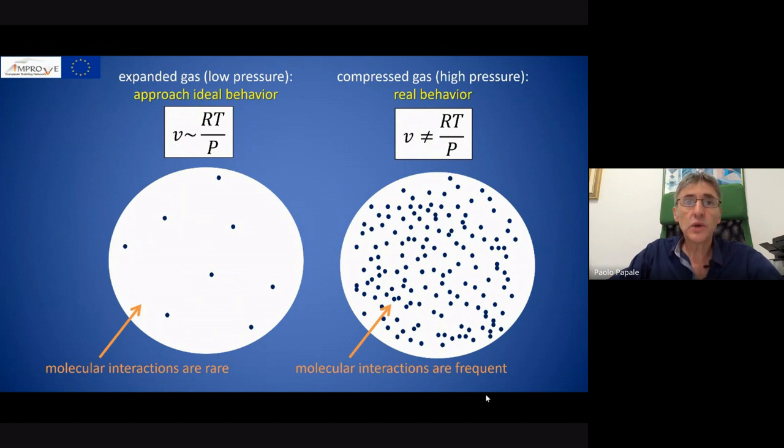For any other situation, the assumption of ideal behavior is just an ideal reference, giving us an approximation that, depending on the conditions and on our specific problem, can be or cannot be justified. In general, the real world is real. Therefore, real equations of state are needed to properly explore the real world.